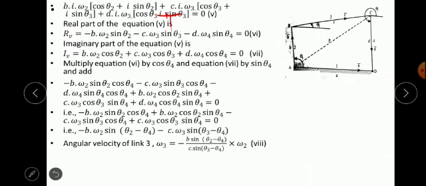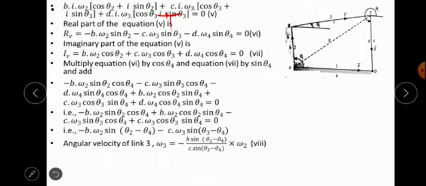First, the real part is over. Now we add the imaginary part: b omega 2 cos theta 2 sin theta 4 plus c omega 3 cos theta 3 sin theta 4 plus d omega 4 cos theta 4 sin theta 4 is equal to 0.